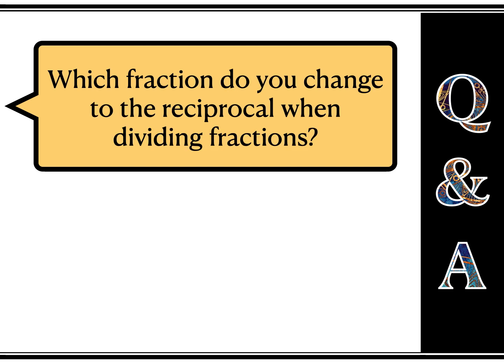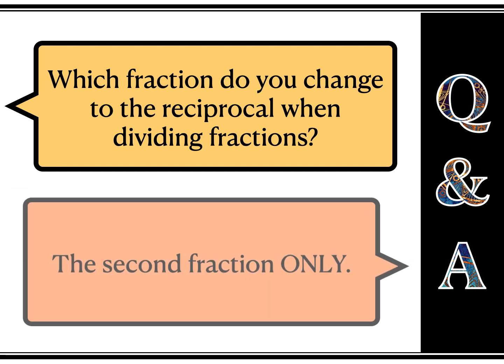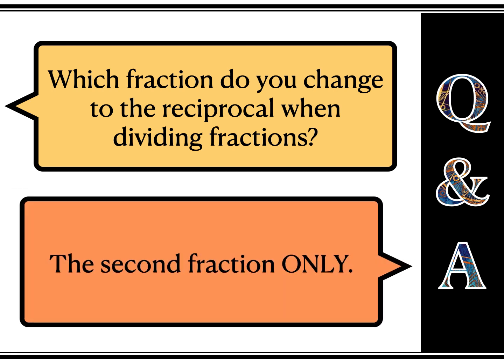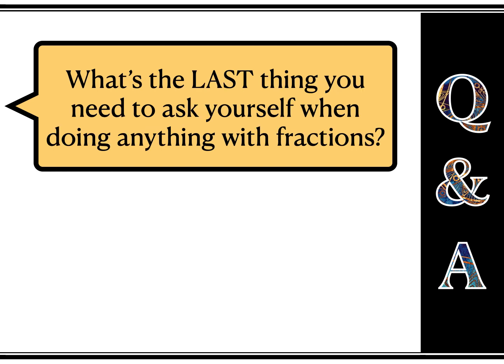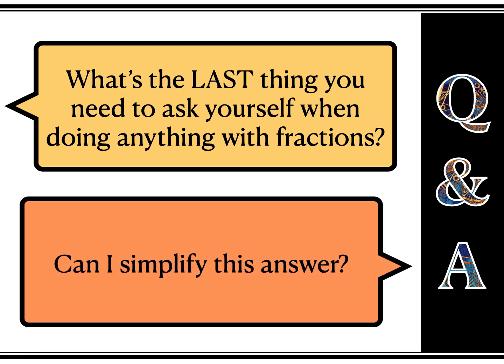Which fraction do you change to the reciprocal when you're dividing fractions? The second fraction only. What's the last thing you need to ask yourself when doing anything with fractions? Your final step. Can I simplify this answer?